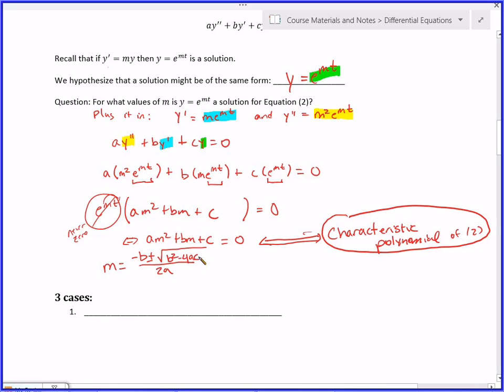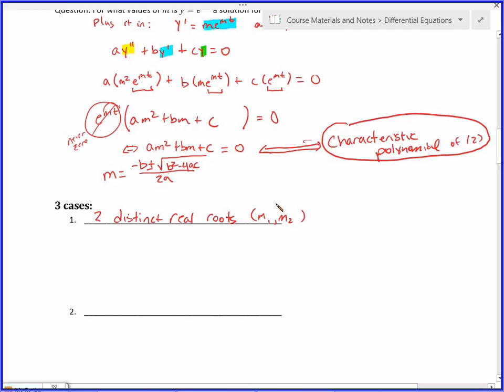The discriminant. If it's positive, you have 2 distinct real roots. The nice thing about 2 distinct real roots, if I call them M1 and M2, and they're not equal to each other, then what that says is y1 equals e to the M1t is a solution, and y2 equals e to the M2t is a solution.